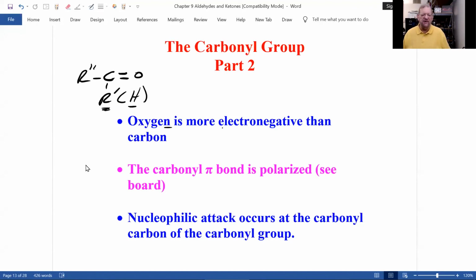That means when they're sharing electrons in the double bond here, oxygen says, I'm stronger than you are. Let's keep the electrons, share them, but a little closer to me than you. And they do. And what happens is there's a slight charge on each of the atoms. We call that polarized. And this is slightly positive. The oxygen is slightly negative.